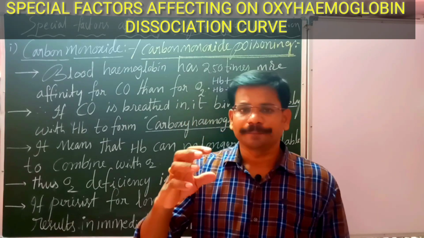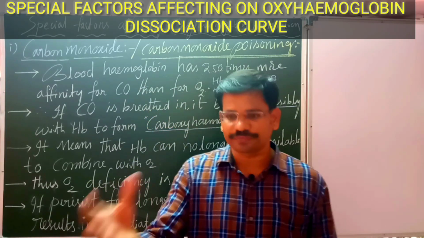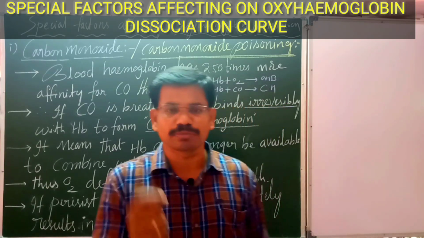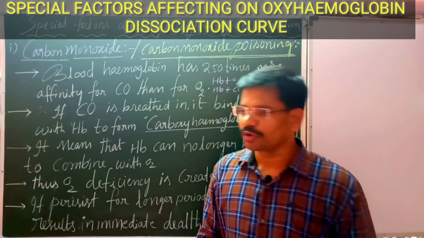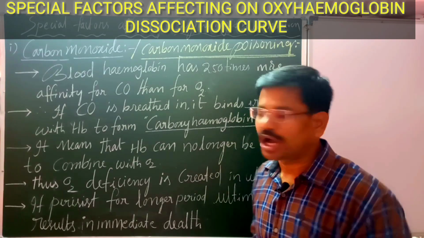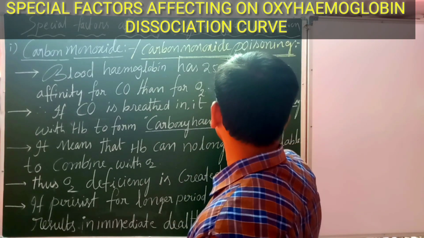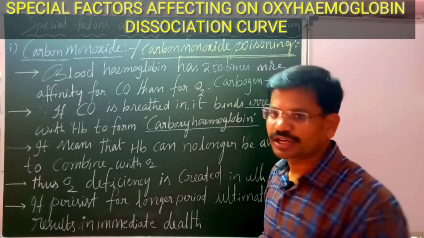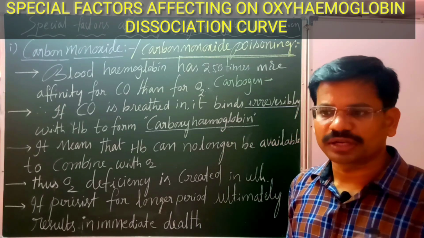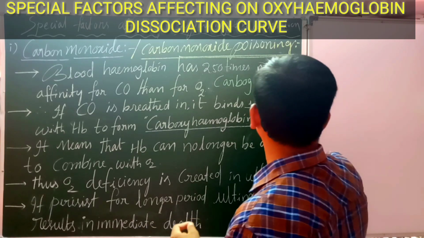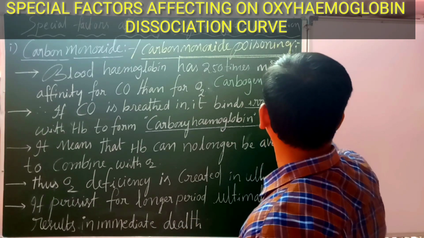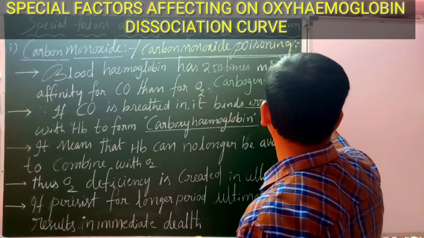Sometimes there is a victim of carbon monoxide poisoning. If we identify the carbon monoxide poisoning victim, we can administer carbogen. What is carbogen? Carbogen consists of 95% oxygen and 5% carbon dioxide.